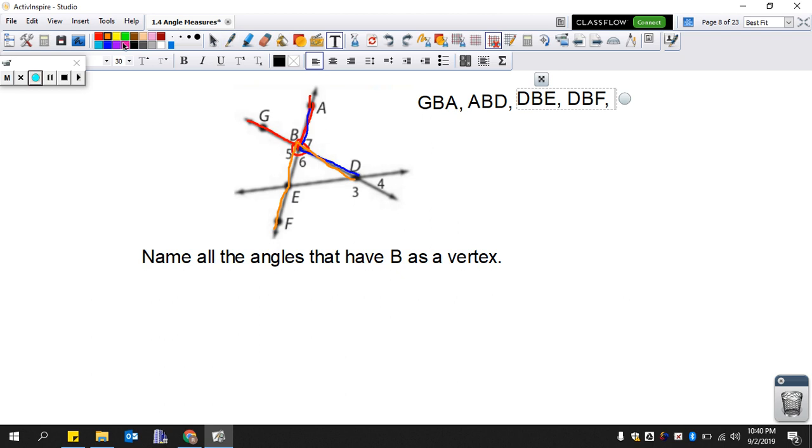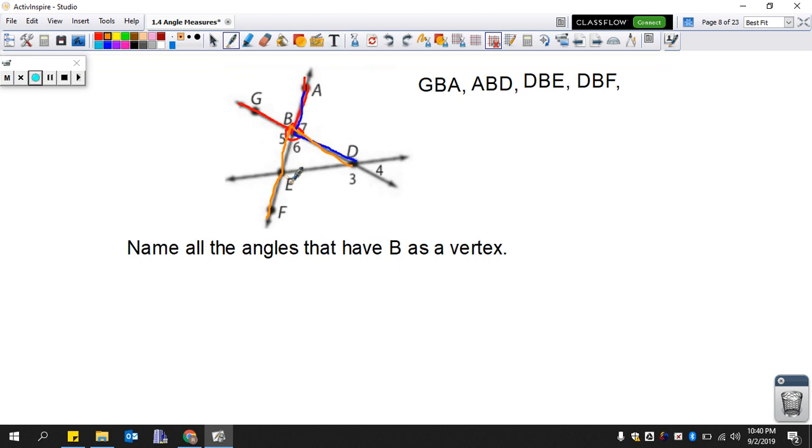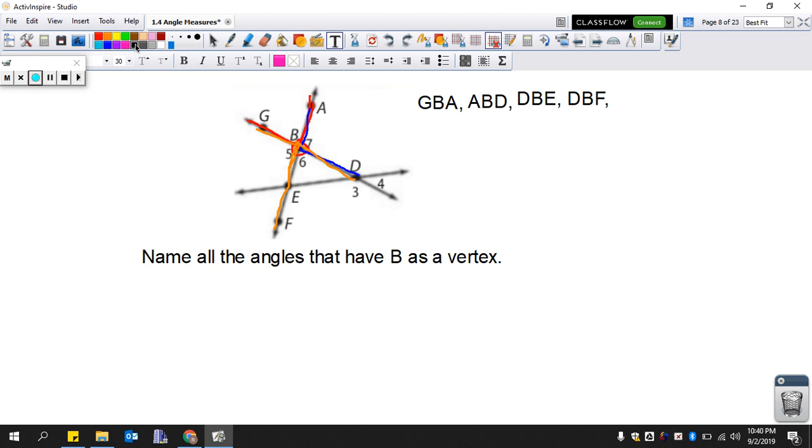And the last angle that we're talking about is E or F BG. Okay. So we have EBG and FBG. Okay.